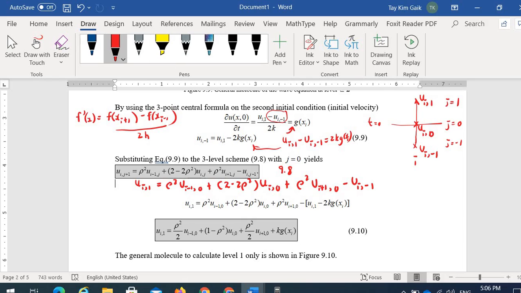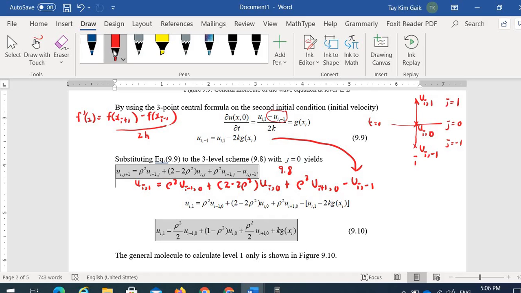Okay, and then you plug in this thing, plug in this one into here. So we get u_(i,-1) replaced by u_(i,1) minus 2k g(x_i).